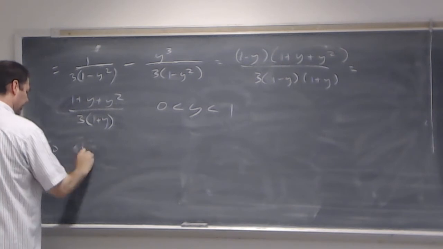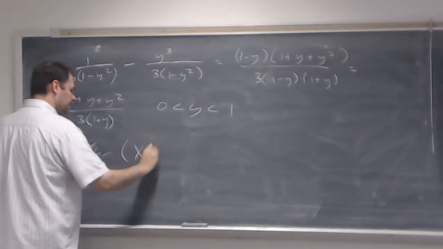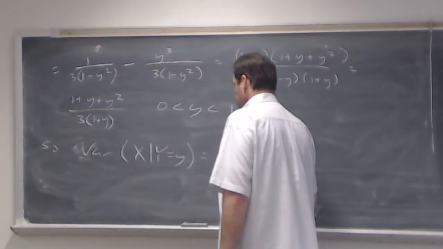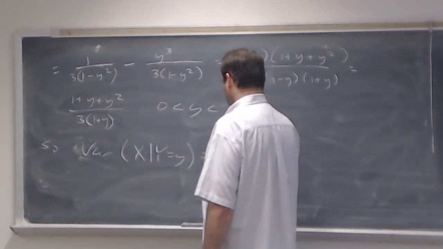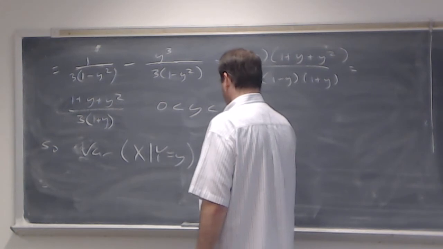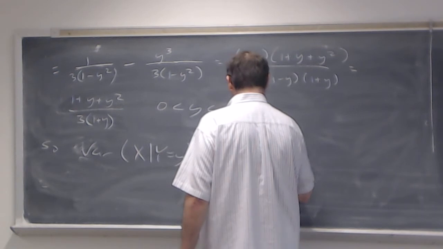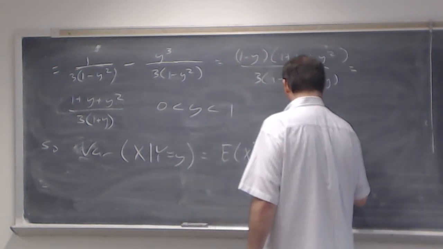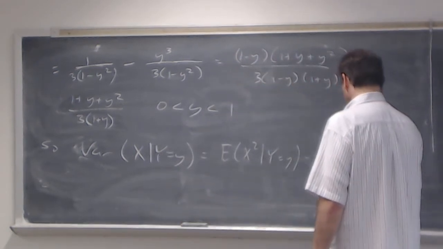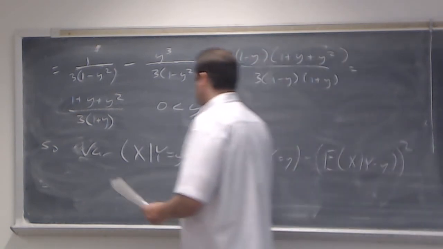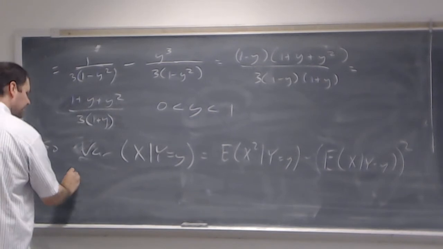The conditional variance of x given y in this problem is nothing more than the conditional expectation of x squared given y minus the conditional expectation of x given y, quantity squared.